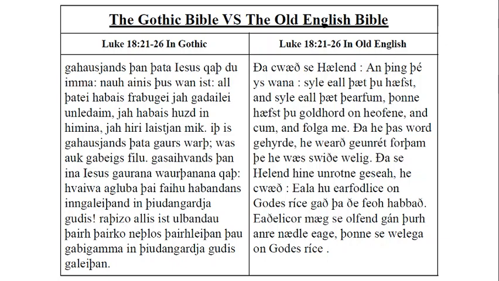So, gahausjands þata, Iesus warþ imma, noch ainis wan ist, all that he habais frabugei gadailei unledaim, habais huzd in himina, hiri laistjan mich, if is gahausjands þata gaurs warþ auch gabeigs filu, gasaihvands inna Iesus gaurana waurþanana, hvaiwa agluba faihu habandans inngaleiþand in gudis.